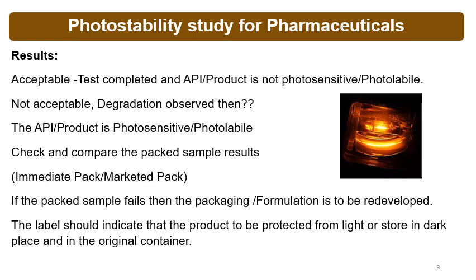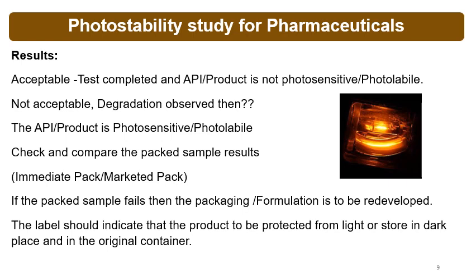If the sample is failing in the open or exposed condition, then check and compare the packed samples. You can check the immediate pack and the marketed pack. For example, for a tablet formulation, the blister pack will be the immediate pack and the blister pack in the carton will be the marketed pack.